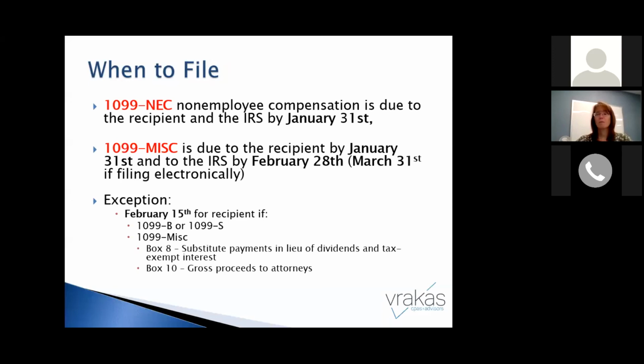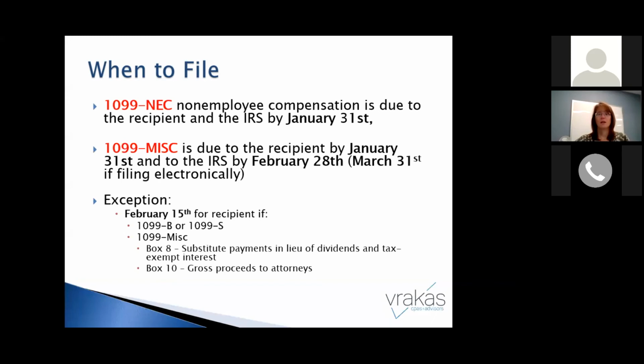Now, we do know that the 1099-NEC is due January 31st to the recipients and to the IRS. This was changed a few years ago, when everything was due to the IRS by February 28th. The 1099-MISC is now due to the recipient January 31st, but to the IRS by February 28th.